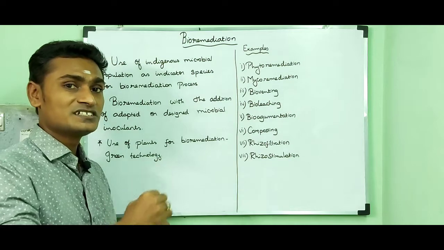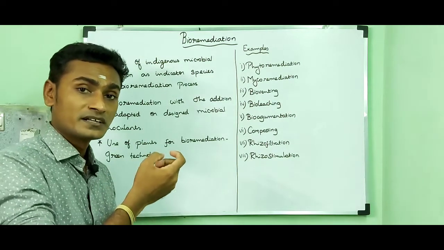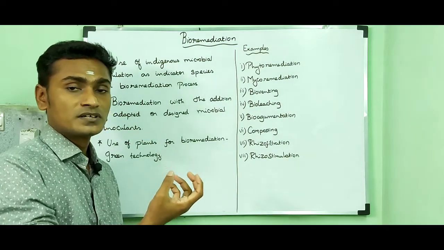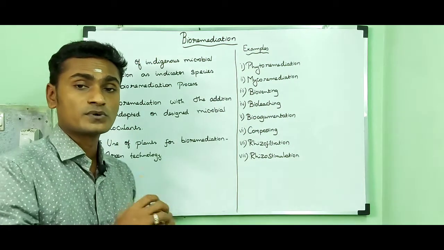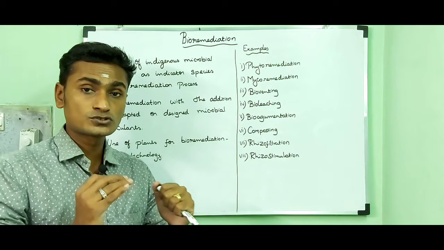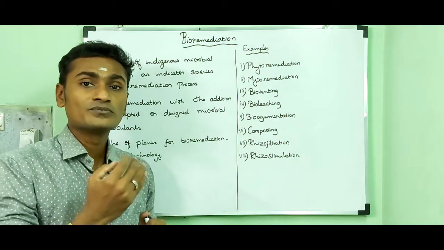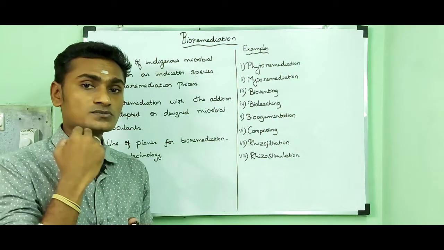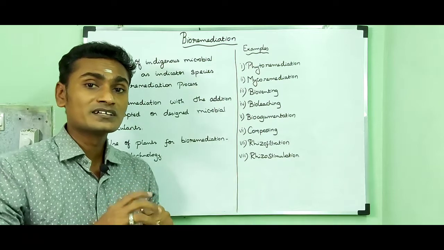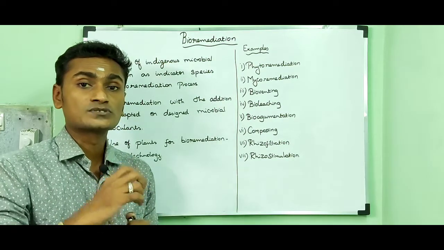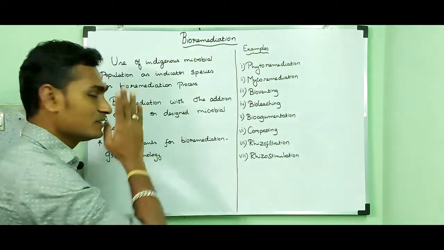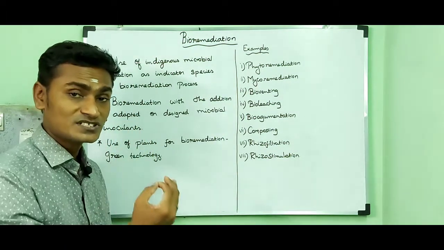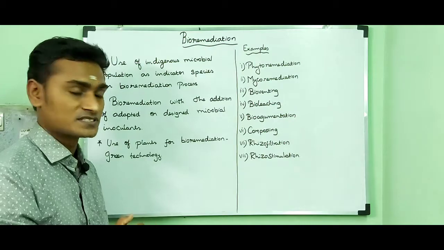By using genetically manipulated microorganisms, we can degrade pollutants. For example, Pseudomonas putida is a superbug, a genetically modified organism. By using Pseudomonas putida, we can degrade hydrocarbons, that is, petrochemical residues. So designed microbial inoculants can be used in the bioremediation process.